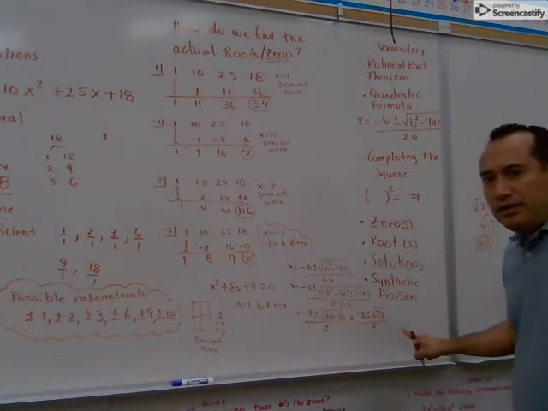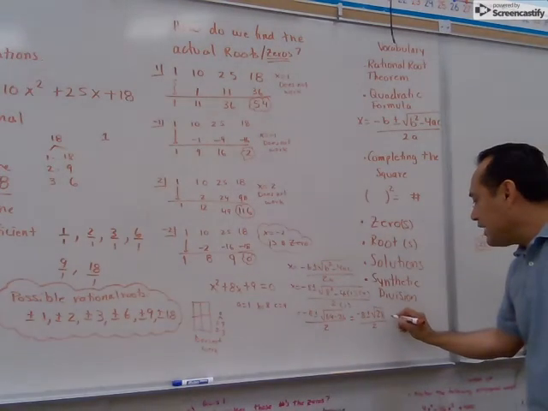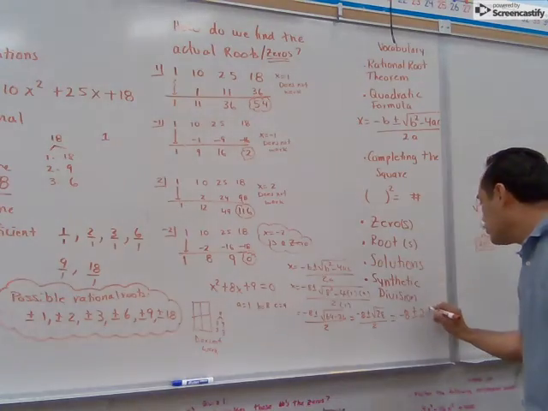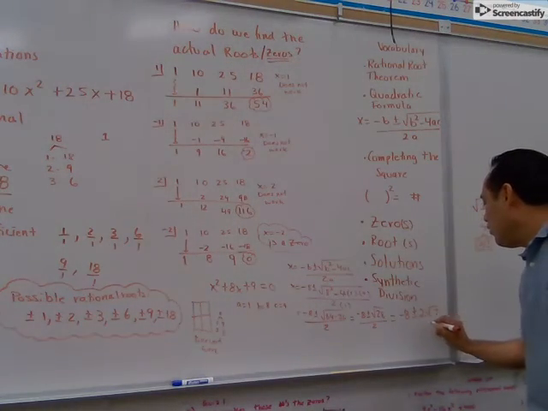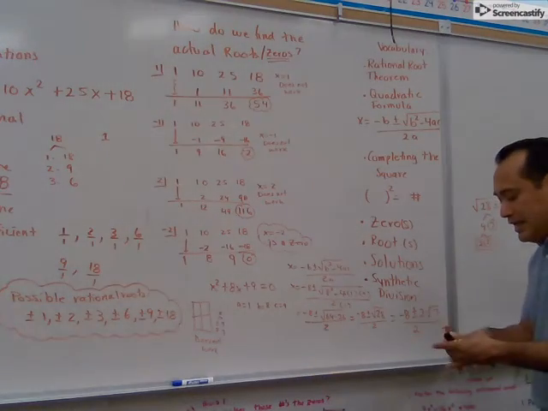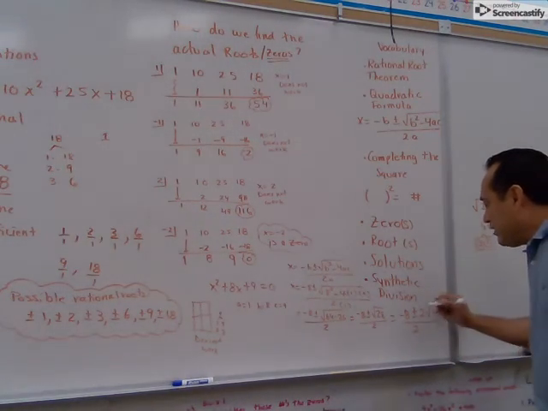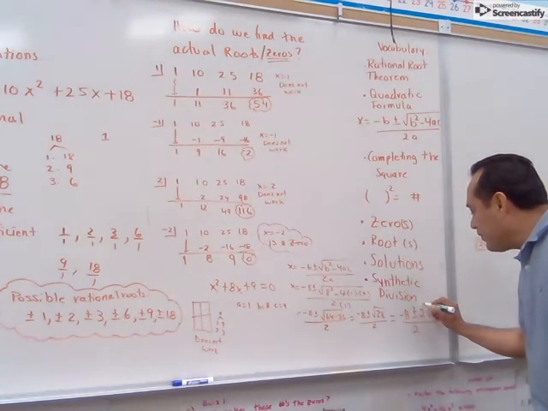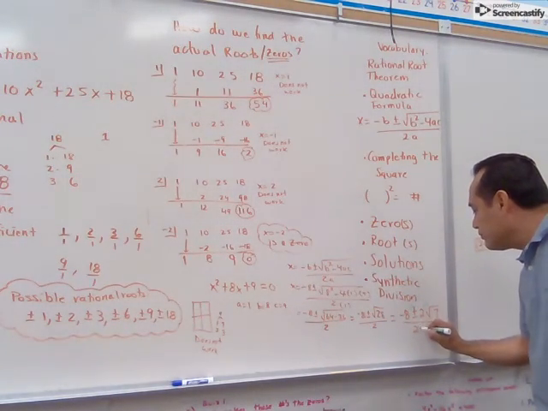If I come here to this answer, now I have -8 plus or minus 2 square root of 7, and everything is being divided by 2. Now, at this point, I know that this is a fraction that I can reduce. I can divide everything that is here by 2.